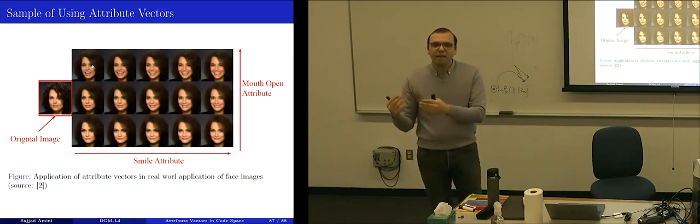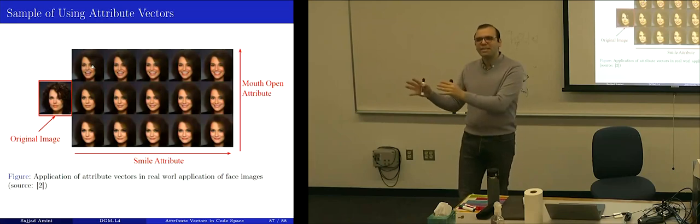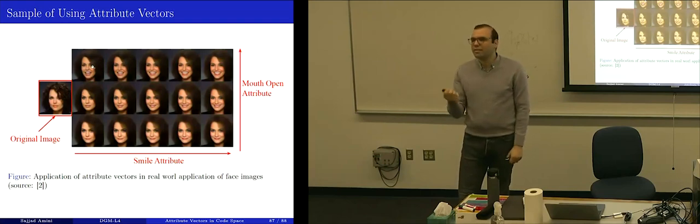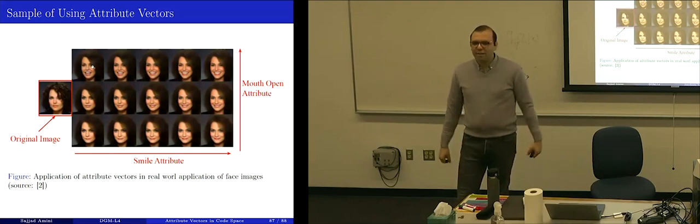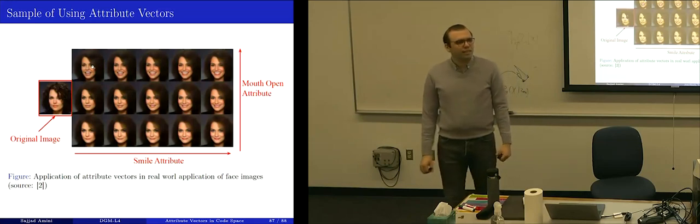With one pair of images, it is not possible. You must have several pairs, and then average over z for each of the pairs, and that can be a great attribute vector for that concept. You can find lots of concepts here, and generally they encode different visual concepts in the latent space. Yeah. Any question?